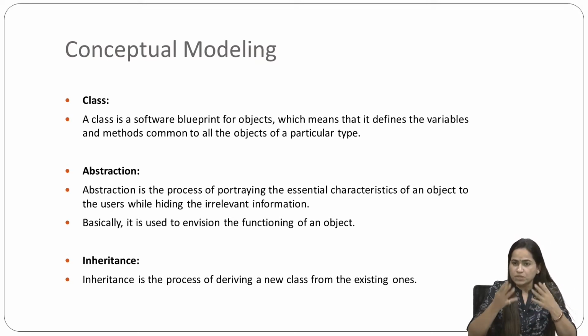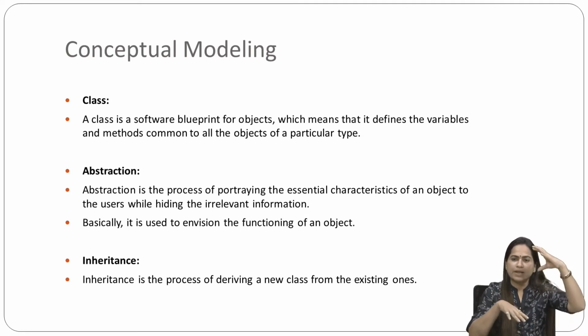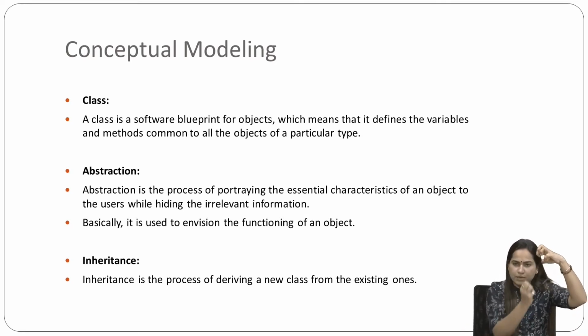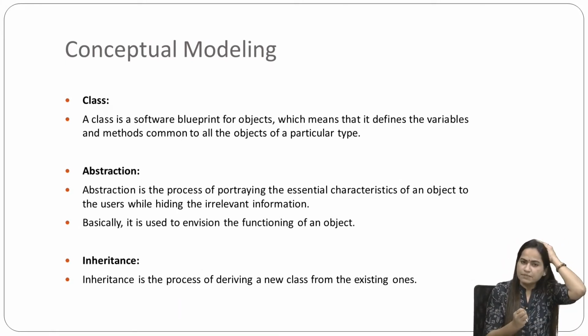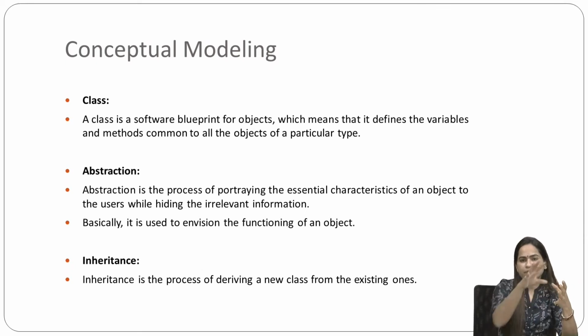It is one type of process which helps us show the essential characteristics only. Basically, it is used to envision the functioning of an object. Next thing we have is inheritance. Inheritance is the process of deriving a new class from existing ones. Inheritance means you have one thing from which you are deriving some other thing. That is called inheritance, meaning deriving a new class from the existing ones.